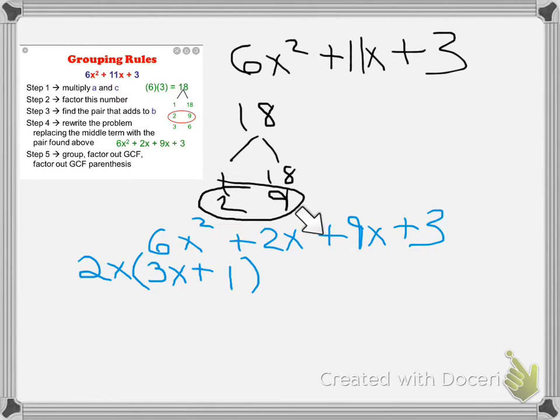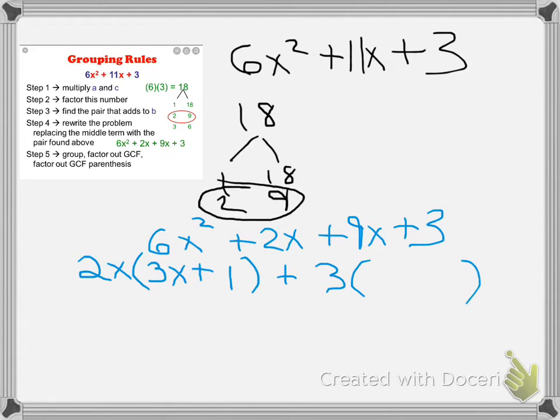So I'm going to drop down this addition, plus. I'm going to do the same thing. I'm going to ask myself, what number goes into both 9x and 3? Well, a 3. A 3 will go into a 9, a 3 will go into a 3. So a 3 goes into both of those. I'm going to pull out a 3.